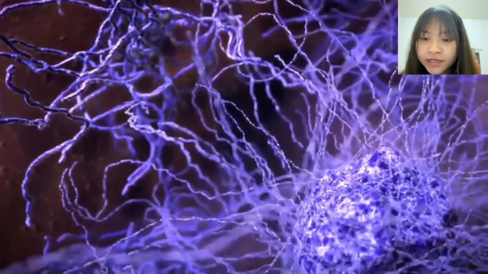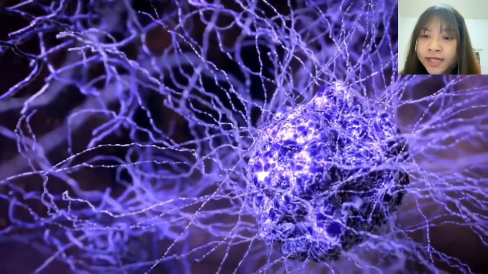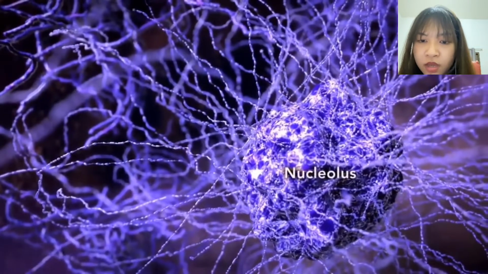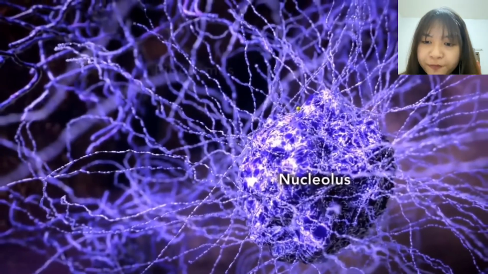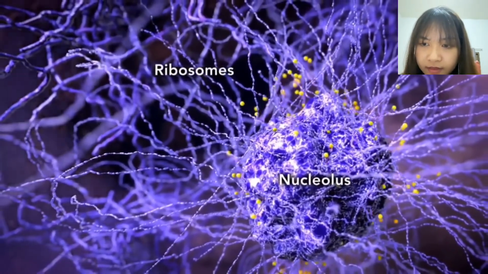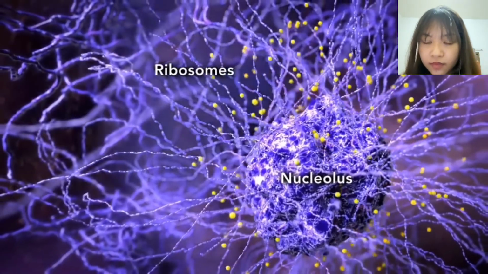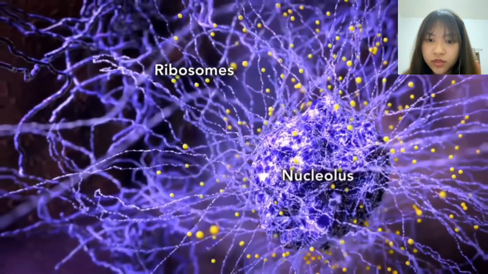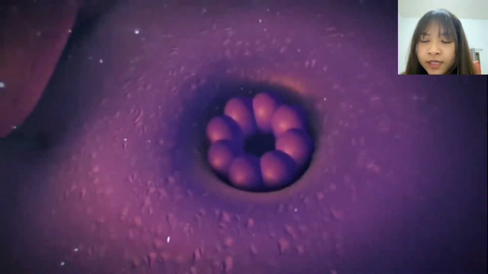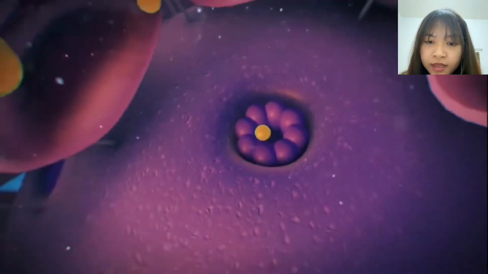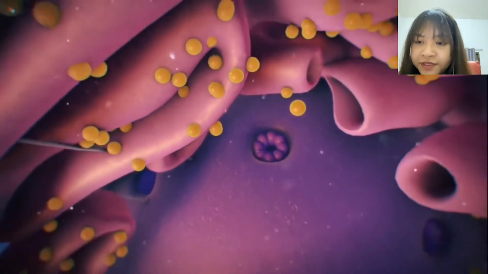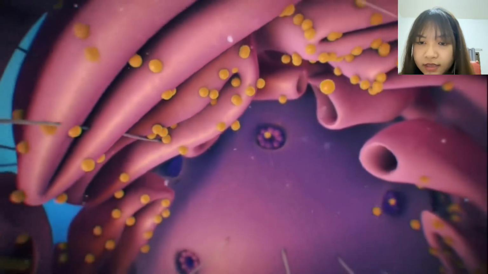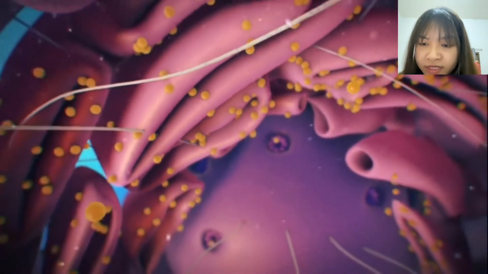The nucleus also contains a nucleolus, which is a structure where ribosomes are made. After ribosomes leave the nucleus, they have the important job of synthesis, or making proteins.